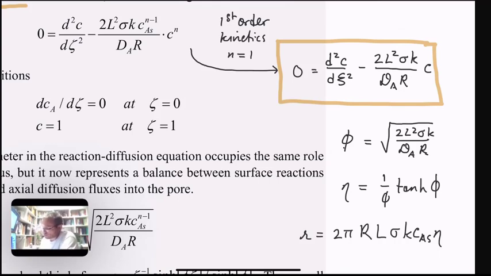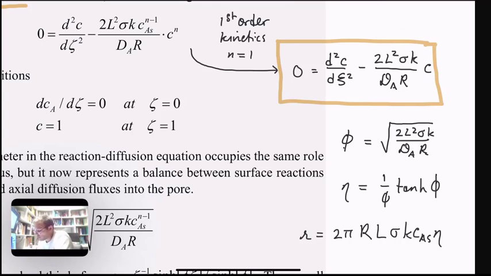If I use the case where n is equal to 1, then my equation reduces to this. I've got 0 equals the second derivative of c minus this ratio, 2L squared sigma k over dA times r, and then I've got my dimensionless concentration sitting there.